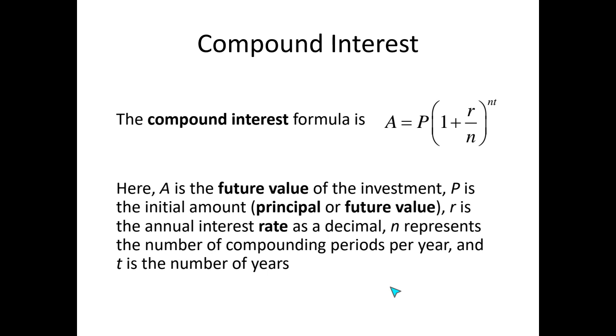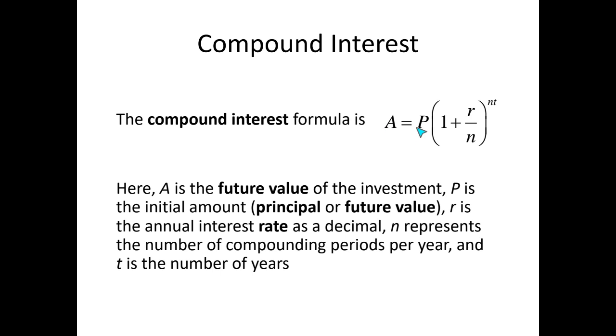Another part of this section is compound interest. Compound interest is used for credit cards, it's used for investments, and so on. The formula is given by A equals P times (1 plus r divided by n) raised to the power of nt. A is how much money you're going to have in the future after your investment.